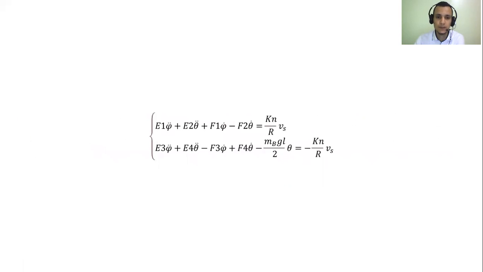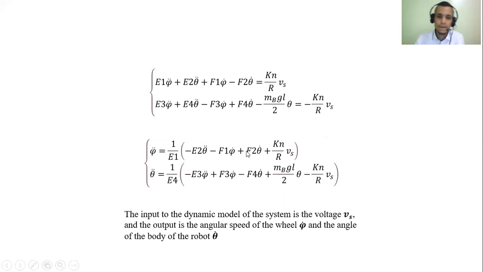So we change them with E1, E2, F1, F2, E3, E4, F3, F4, and we put phi double dot and theta double dot on one side and the rest of the equation on the other side. So this is the output and Vs is the input.